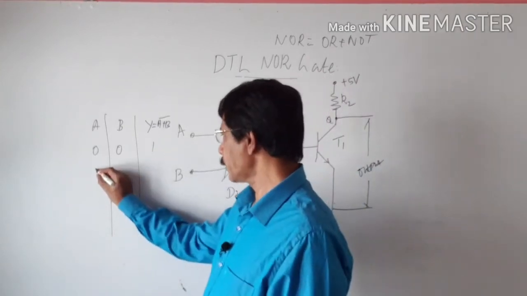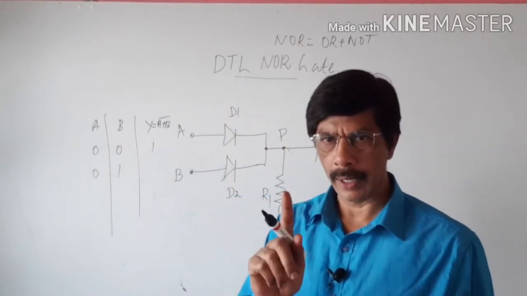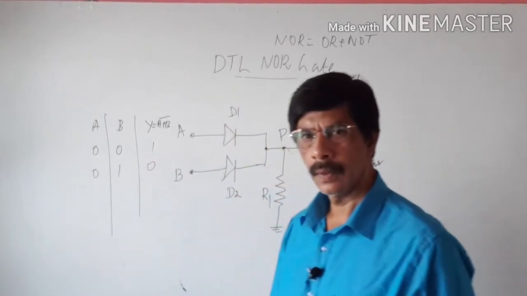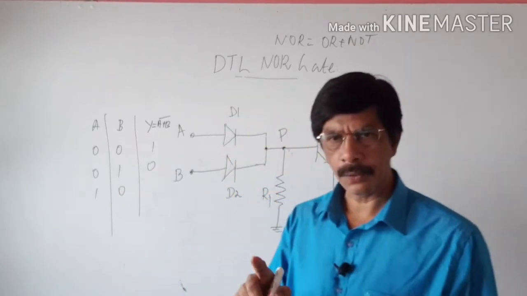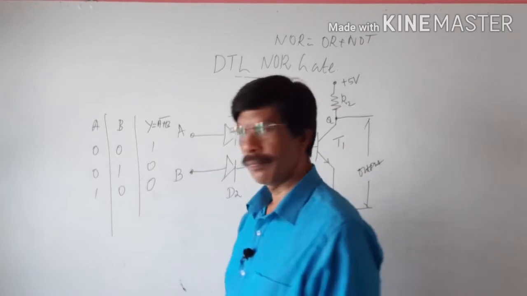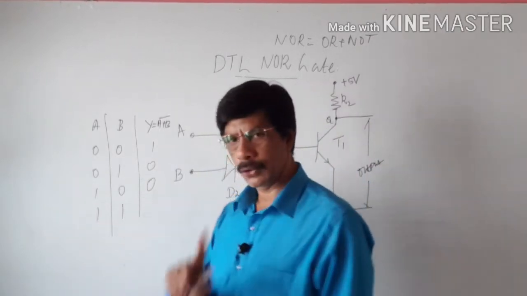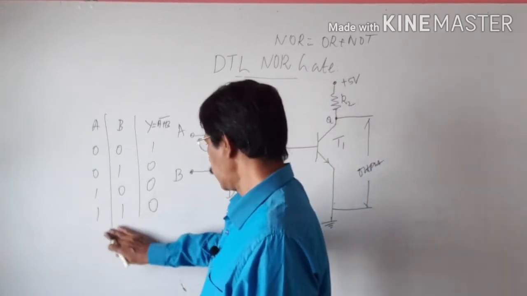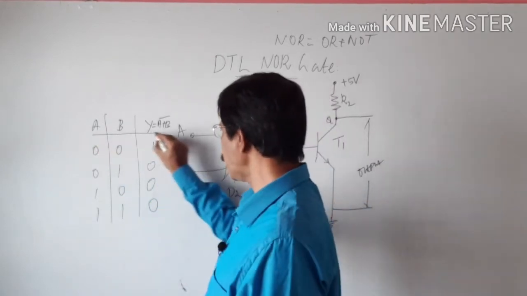The next case 0, 1: 0 plus 1 equal to 1, 1 complement is equal to 0. 1, 0: 1 plus 0 equal to 1, 1 complement is equal to 0. 1, 1: 1 plus 1 equal to again 1, 1 complement is equal to 0. This is the truth table for the two input NOR gate.